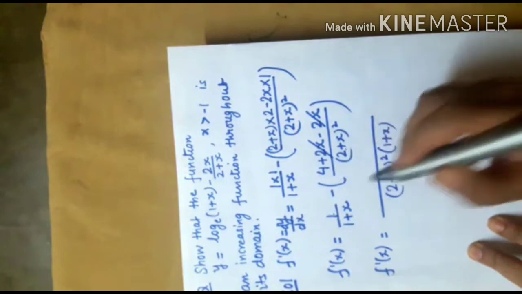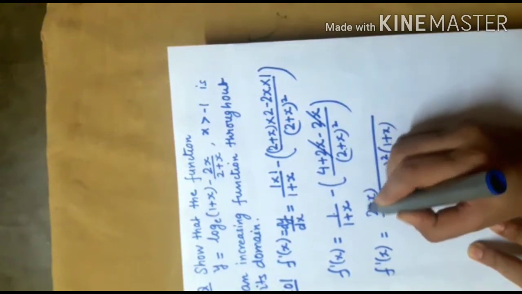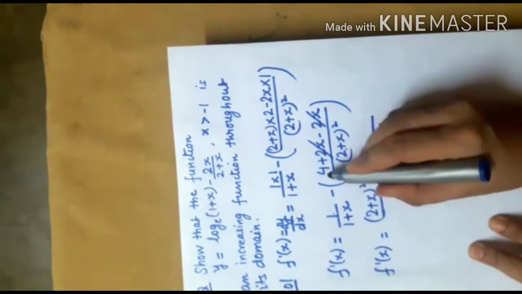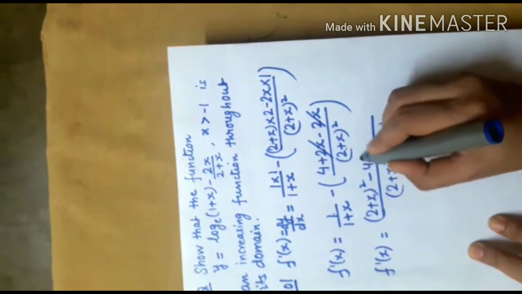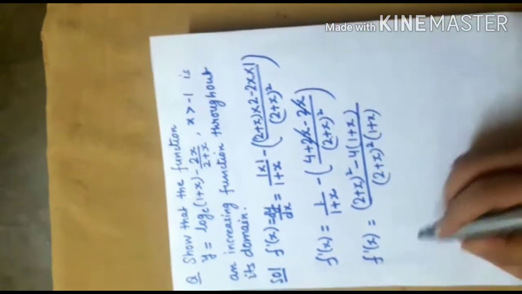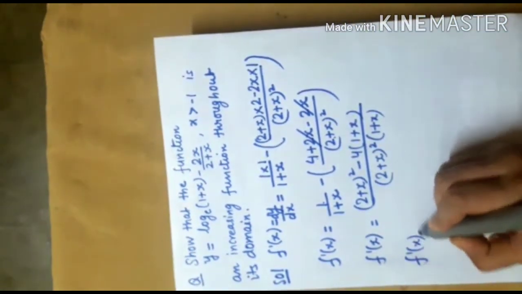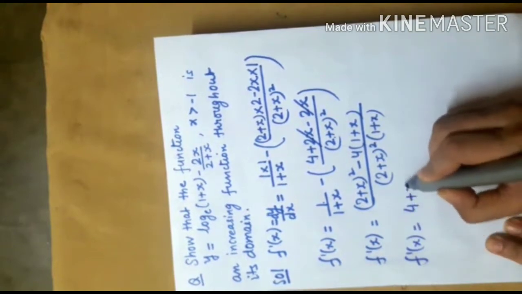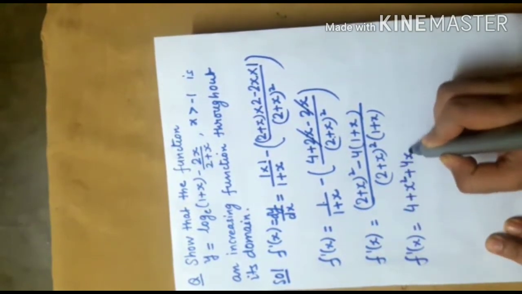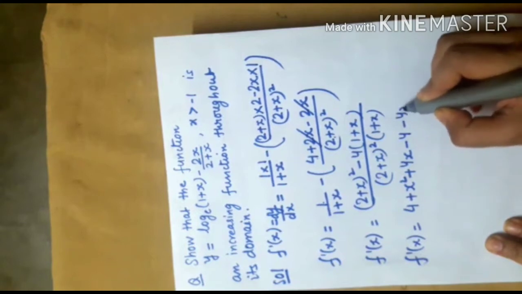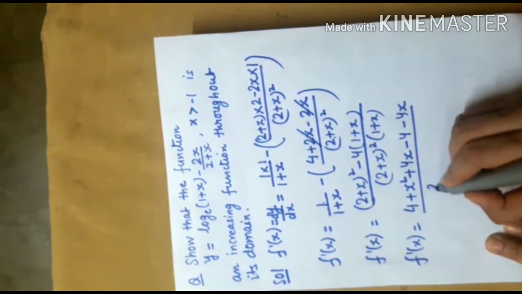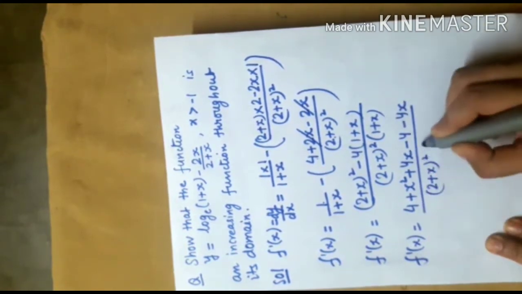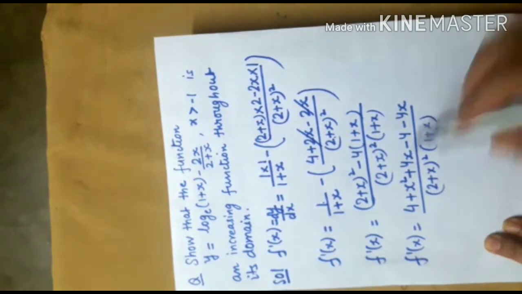So 1 will be multiplied with (2 plus x) whole squared, and 4 will be multiplied with (1 plus x). So f dash x will be equal to (4 plus x square plus 4x minus 4 minus 4x) over (2 plus x) whole squared into (1 plus x).